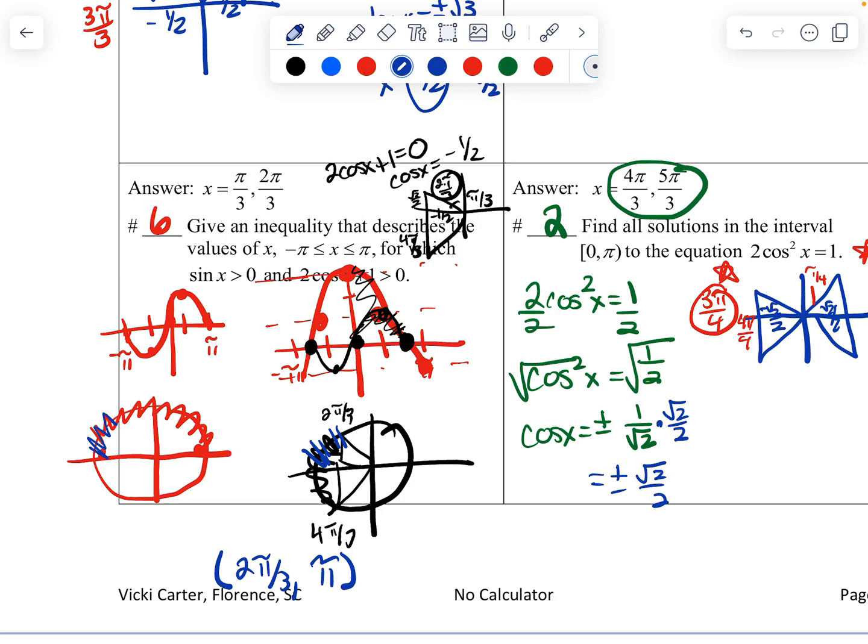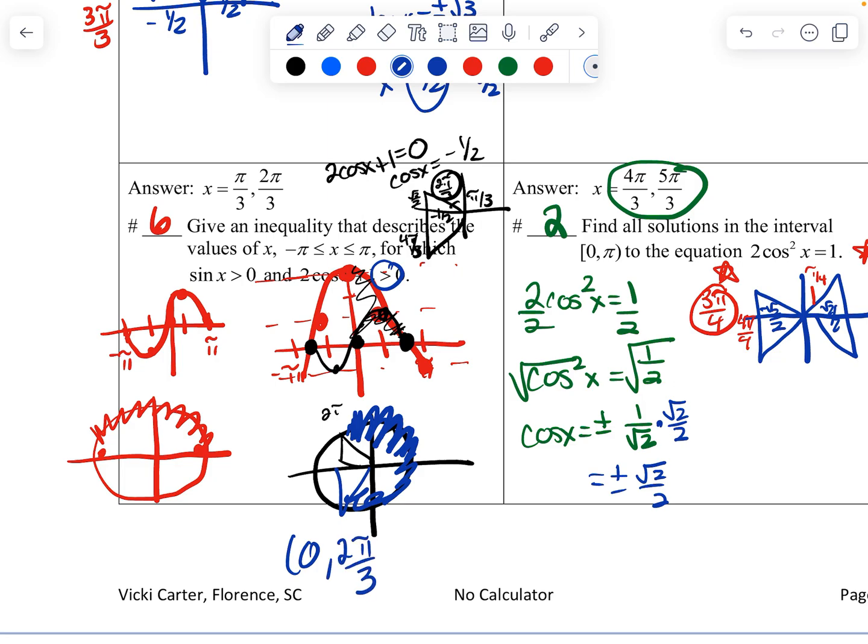Oh, sorry, I messed up on that one. Oops, this was right. So we want to know when it's greater than 1/2. So that is right here, when it's greater than 1/2. So that means right here, so between 0 and 2 pi over 3.